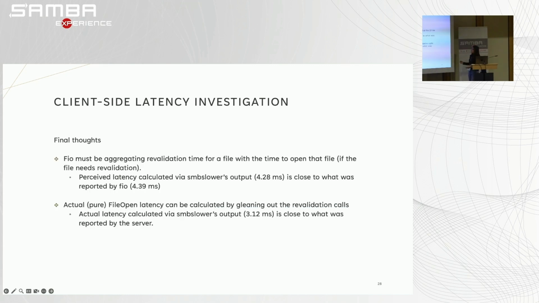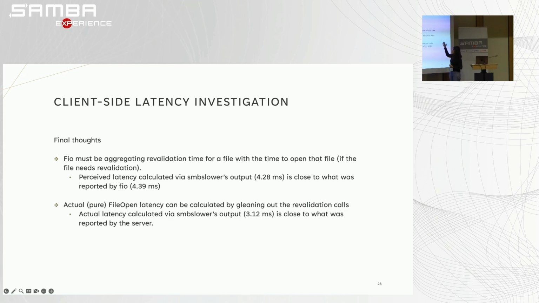So, final thoughts. FIO was aggregating the revalidation time for a file with the time to open that file. And the perceived latency calculated via SMB slower output, 4.28 milliseconds, is actually close to what was reported by FIO. So this consolidates the first theory.